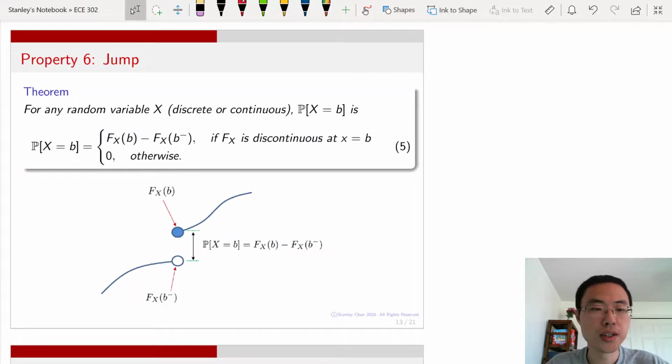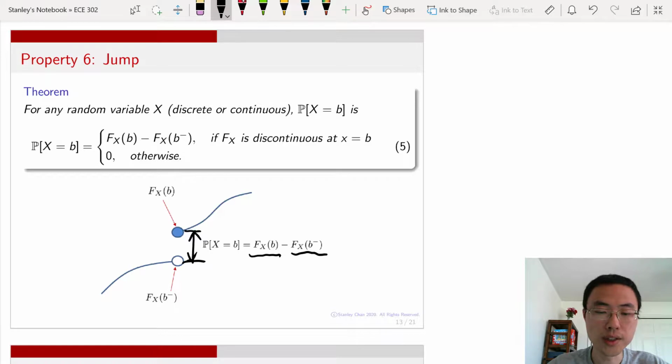Property number 6 is about the jump. You have a jump when you have a discrete random variable, or a hybrid random variable including a discrete phase. Whenever you have a jump, this gap defines the probability. In this diagram, the probability of X evaluated at B is defined as F_X at B minus the left-hand limit. In this plot, we have 2 points.